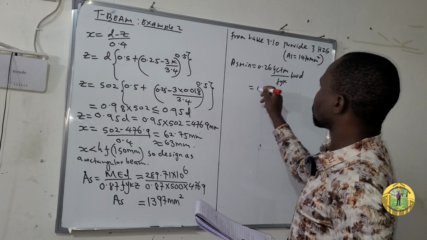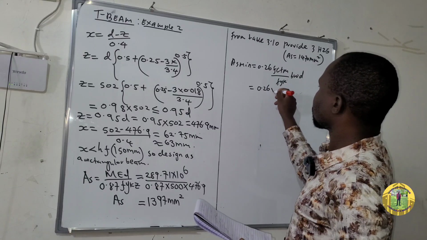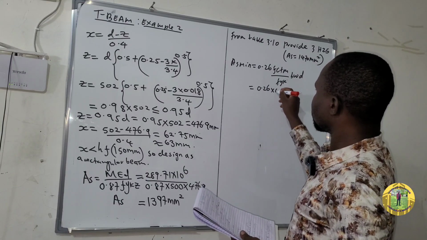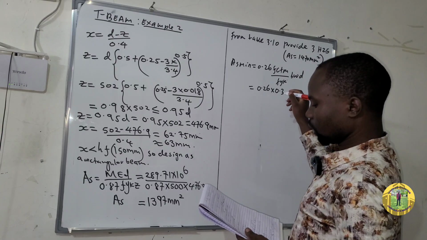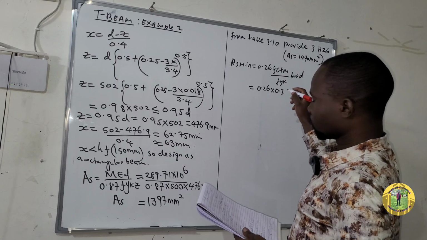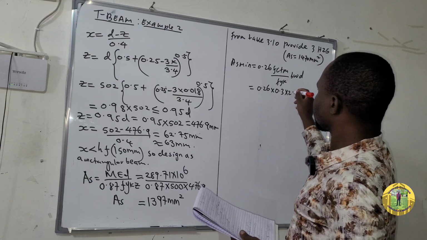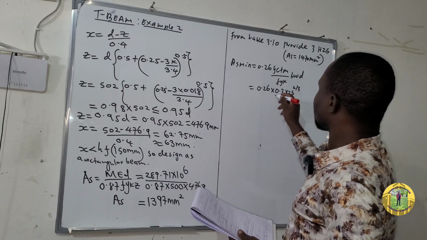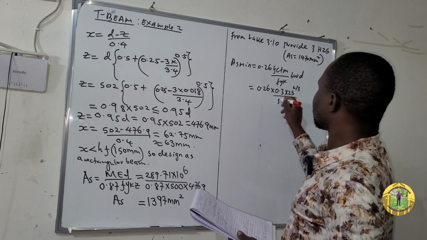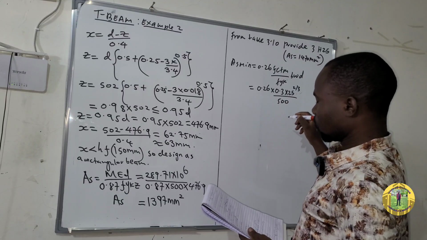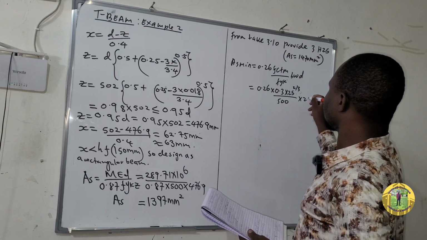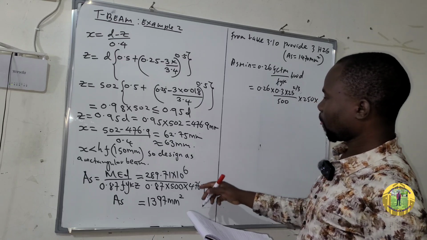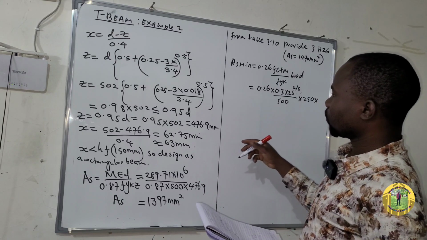So this one is equal to 0.26 times FCTM, given by this formula 0.3 FCK raised to power 2 over 3, all over 500, then times 250, which is BW, times D. D is 502.